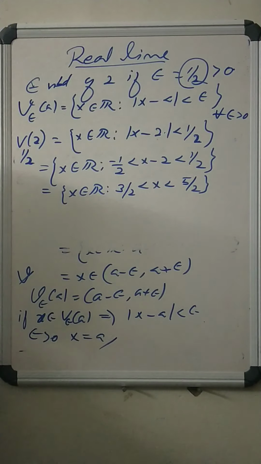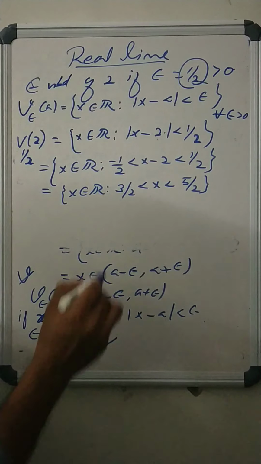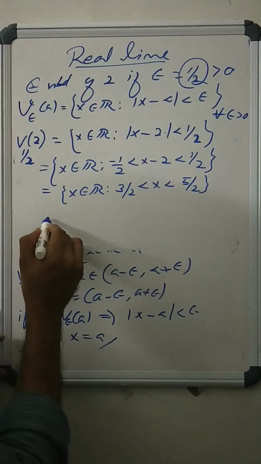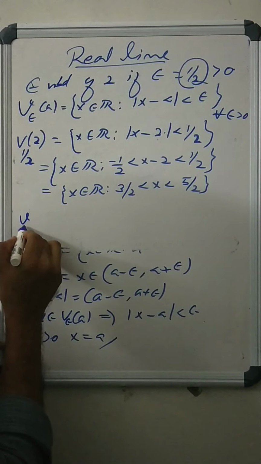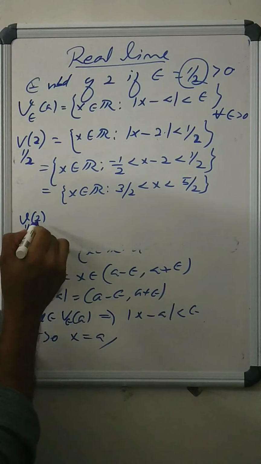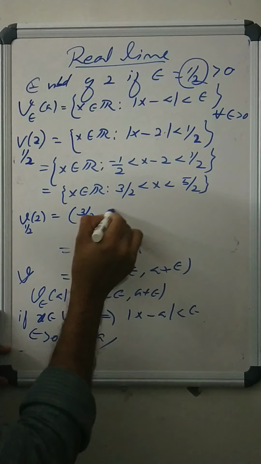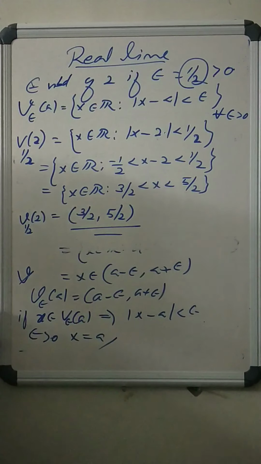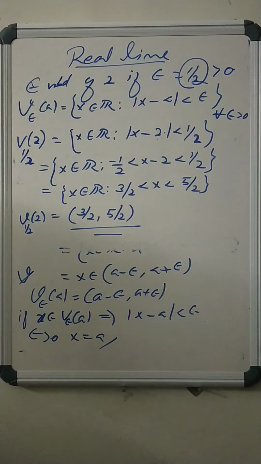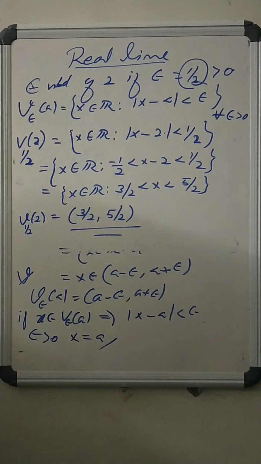Agree? So x lies between 3 by 2 and 5 by 2. The epsilon neighborhood of 2 where epsilon is half is the open interval (3 by 2, 5 by 2). So you can find the epsilon neighborhood of any number when epsilon is given; it heavily depends upon epsilon itself. Okay.